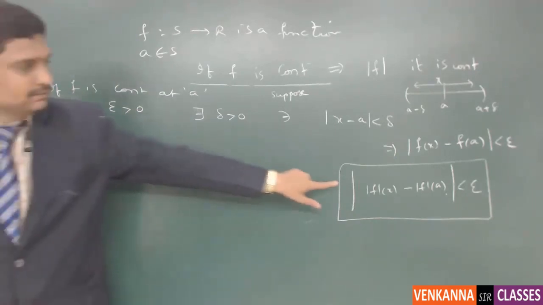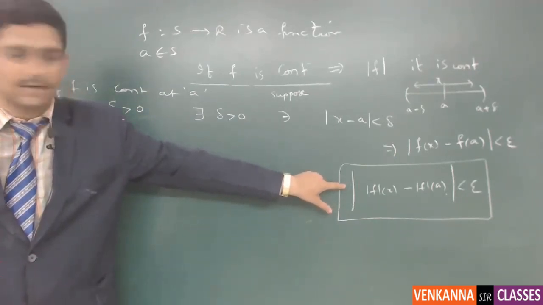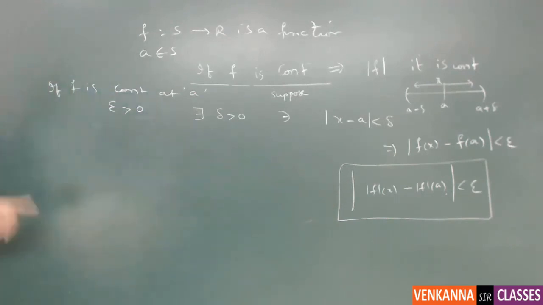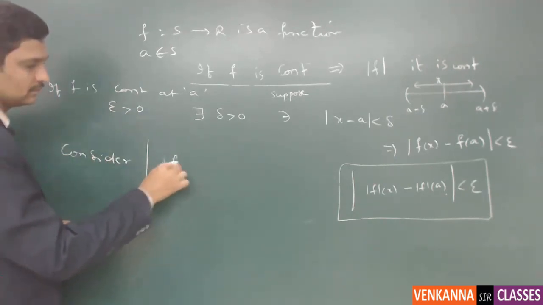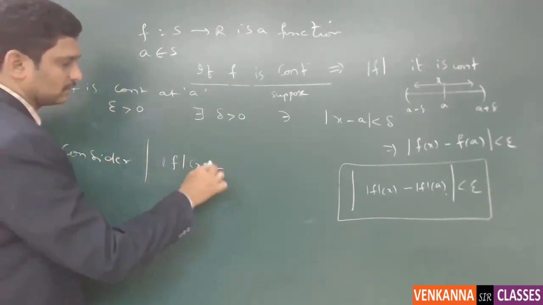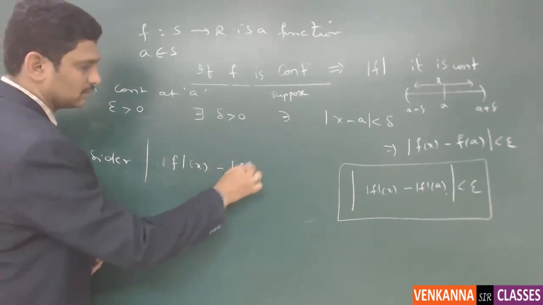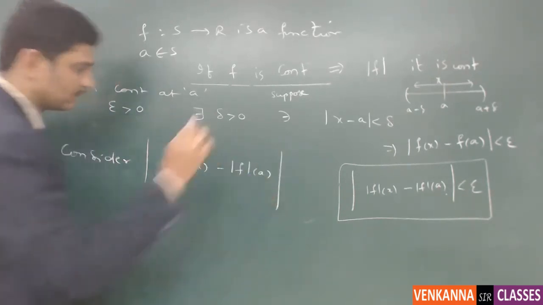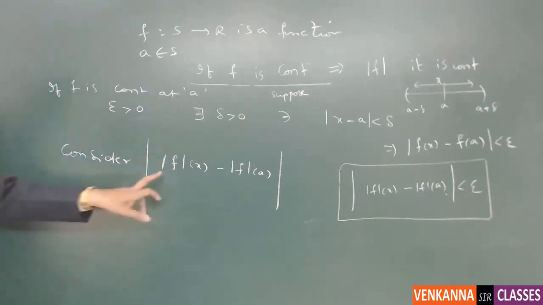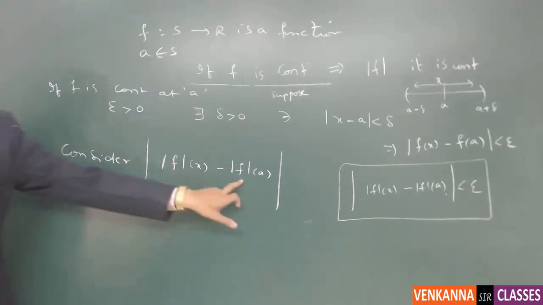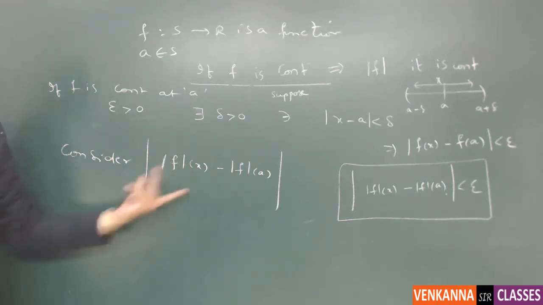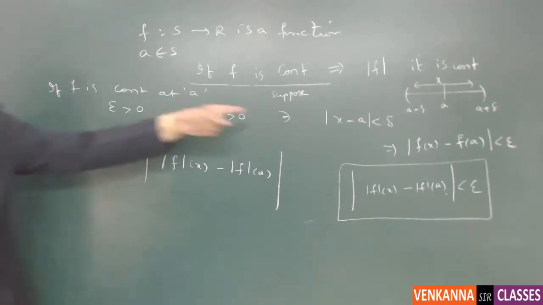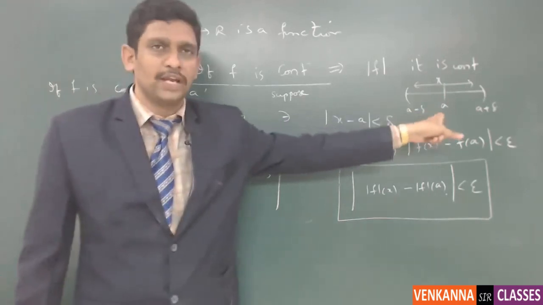So this is my task. I should prove that this is going to happen. So consider the value. In the function mod f, I am taking mod f at x, mod f at a. Please understand, x is taken in the neighborhood of a.